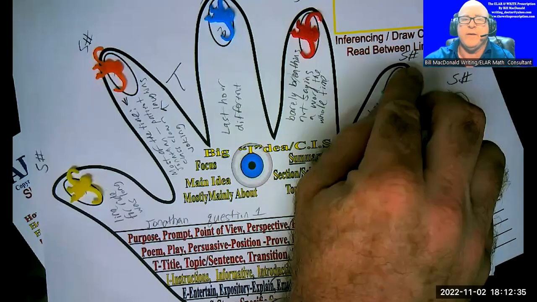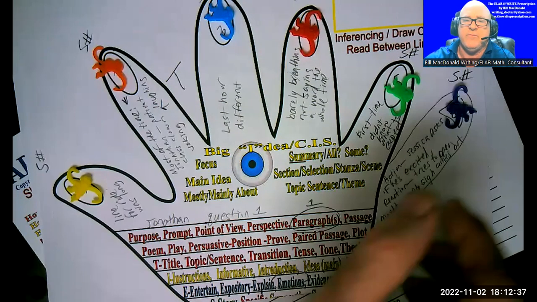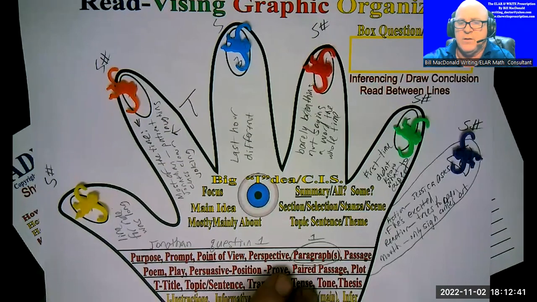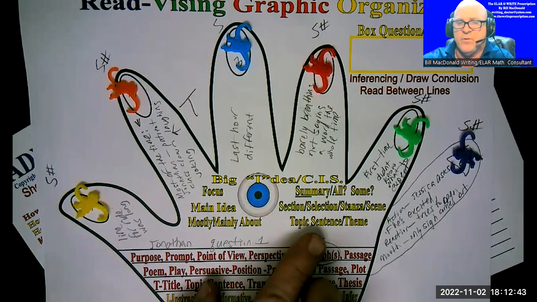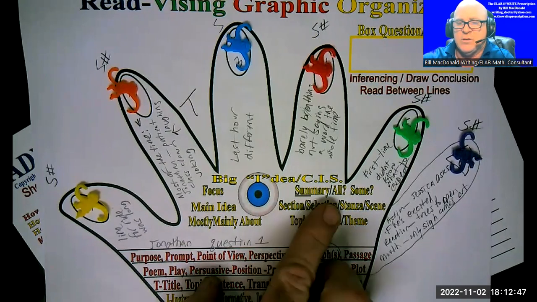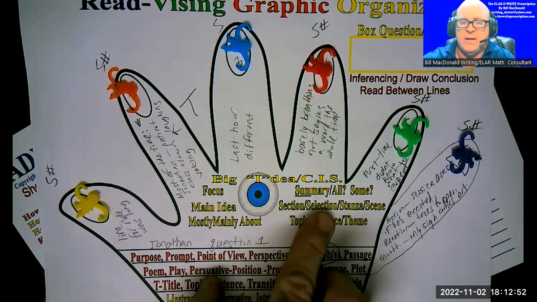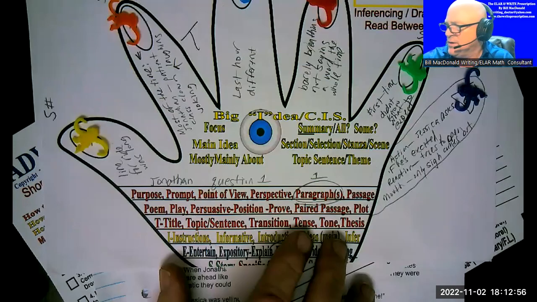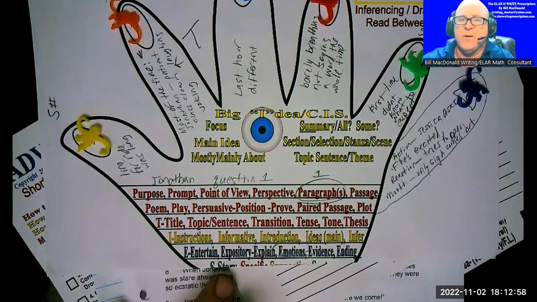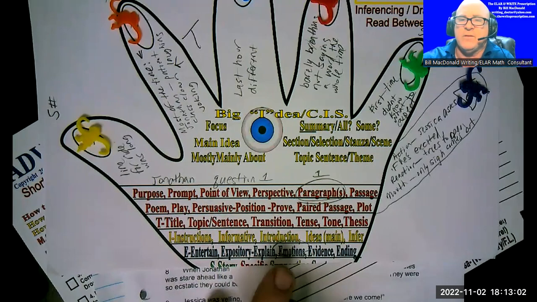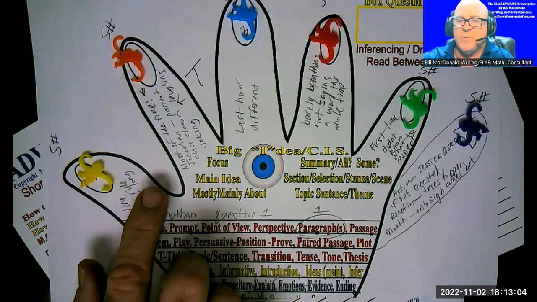The cool thing is they look like S's for sentences, S for sections, or summaries, or sum of the passage, or a selection, or a stanza, a scene. On the bottom there, it says specific supporting sentences. If this is the topic sentence, then all of these other sentences are the specific supporting sentences.